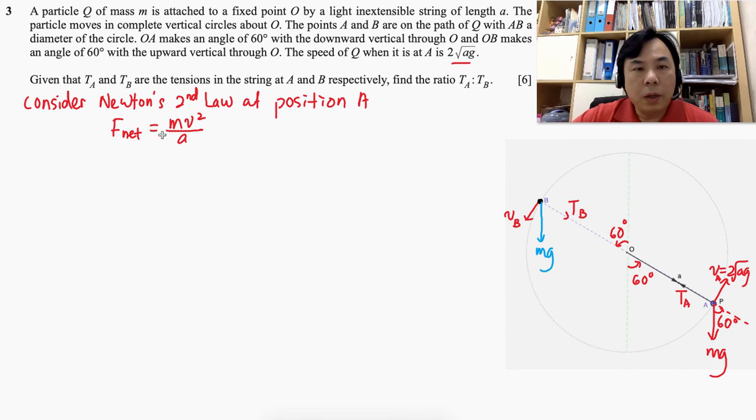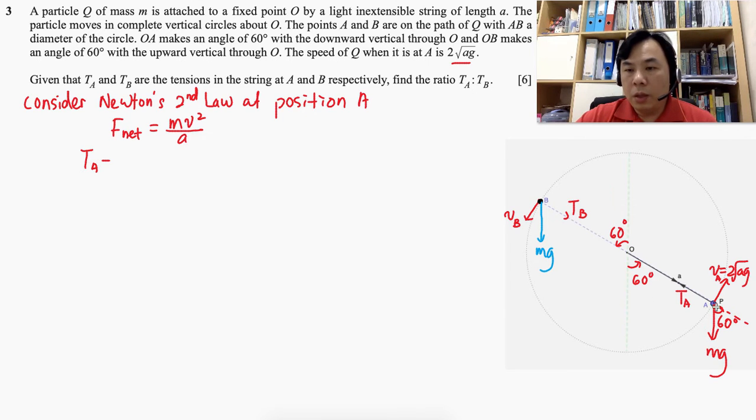The resultant force at position A is given by T_A. We are analyzing the forces along the string itself. So along the string, the resultant force acting towards the center is given by T_A. Yes, T_A is along this direction.